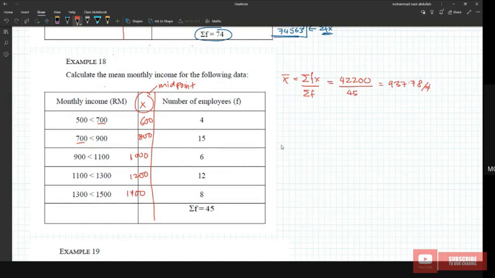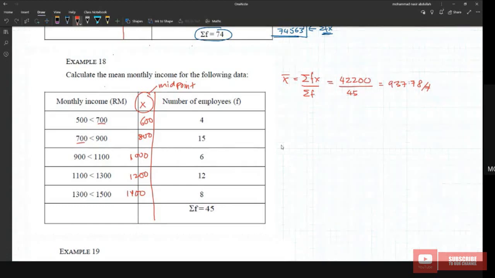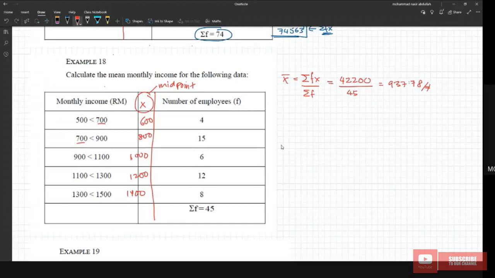Dapat result yang sama? Can you comment in chat room? Dapat tak result yang sama?